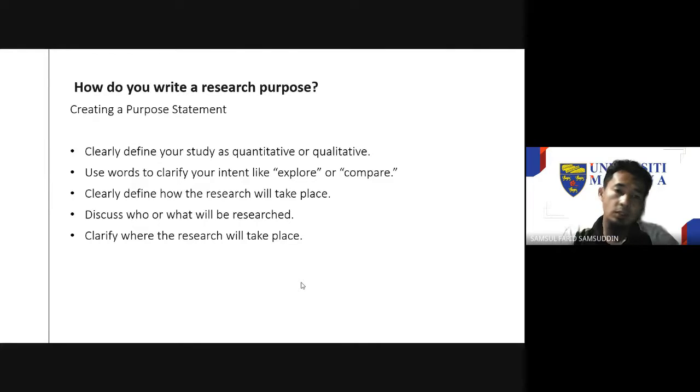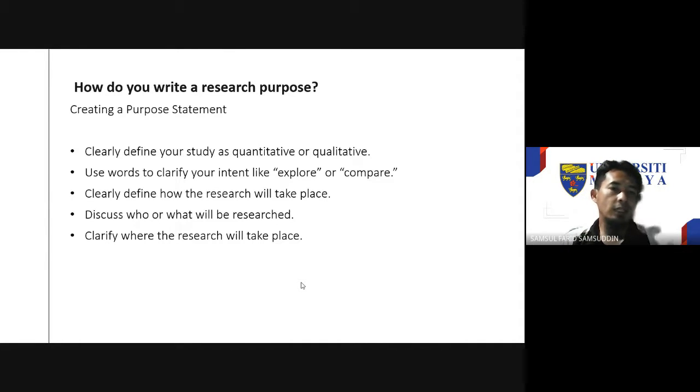Then discuss who or what will be researched. Apa yang kita nak kaji, what things we want to study actually, and who we will approach to get the specific answers to the questions that we want to ask.